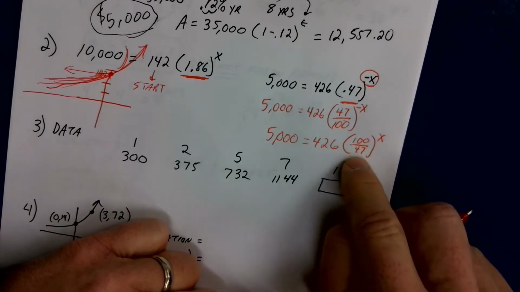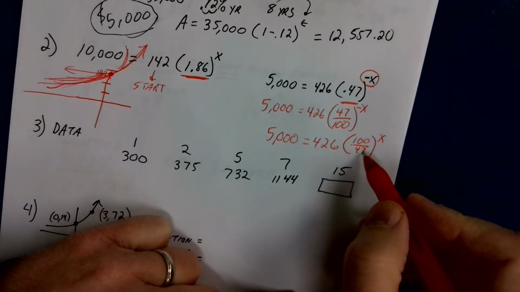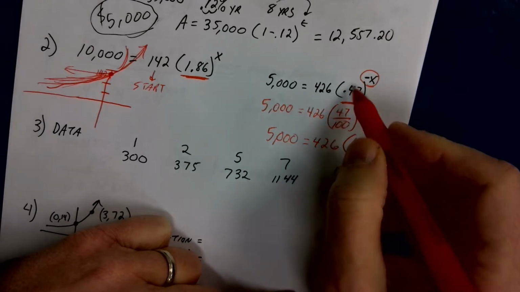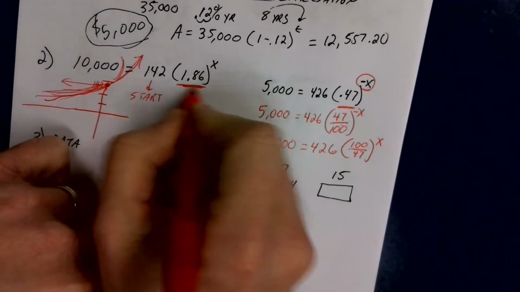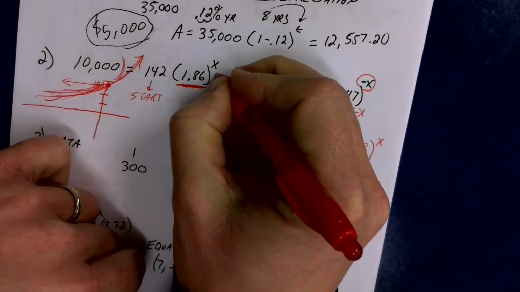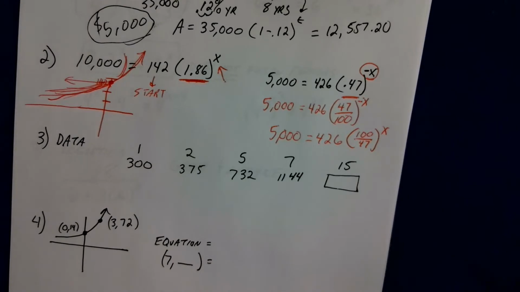And now you can look at this number, and this number is definitely greater than 1. In fact, it's greater than 2, so it's more than doubling each time. So in that case, this actually is an exponential growth function. So we want to look at this, but we need to look at it in tandem with what the exponent actually is, whether it's positive or negative.